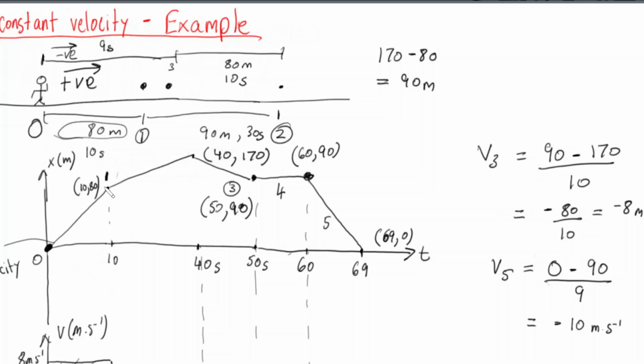So it would no longer be 10, 80, it would be 10, negative 80, because the runner would be moving in the negative direction compared to what we had defined at the start of the question. And therefore, the corresponding velocity would be negative 2. So the shape of the graph is determined by the direction you define as positive. And all these points that we plotted out before would just be mirrored in the x-axis, like so.